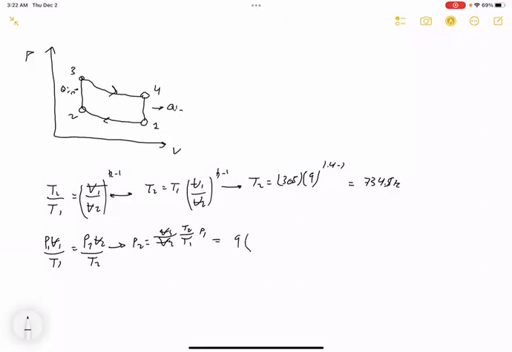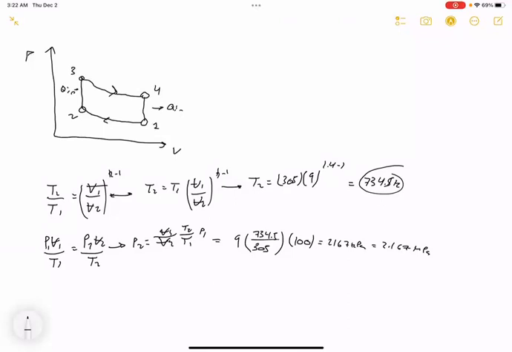T2 over T1, well, we know T2 we just found was 734.5, divided by T1, which is given, is 305. And P1 is also given as 100 kilopascals. So our answer will be in kilopascals, and if you calculate this out, you get 2167 kilopascals, or 2.167 megapascals. So this is the pressure at state 2.